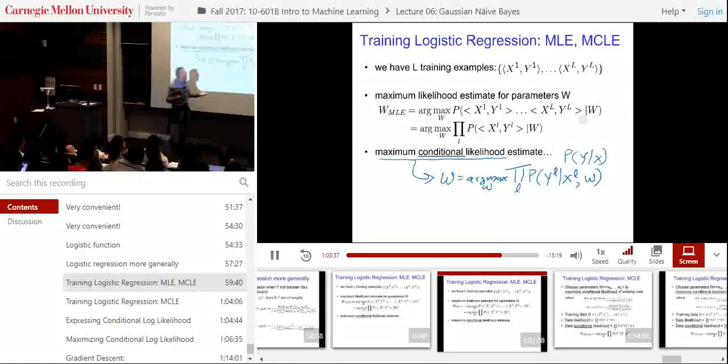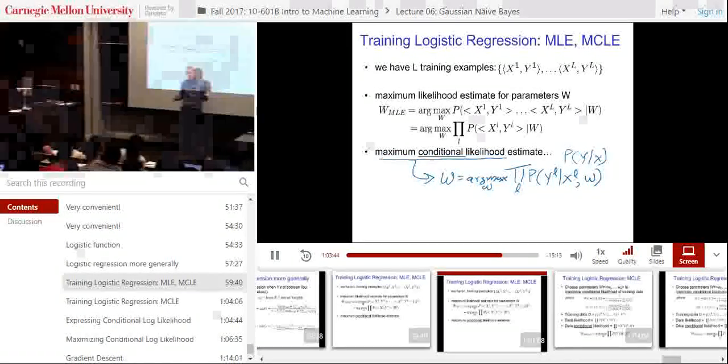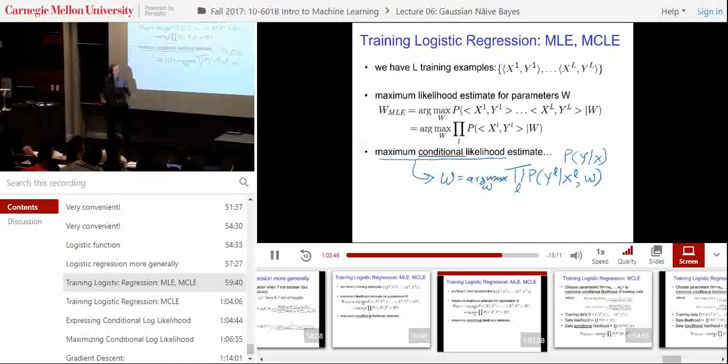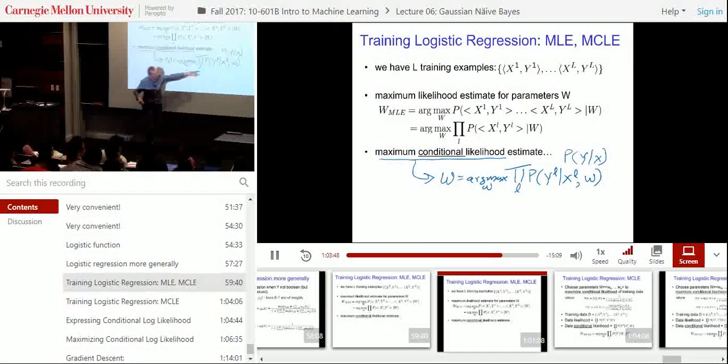What we're really interested in is picking W's that will maximize the probability of the observed y given x. And so this is called the conditional, for obvious reasons, conditioned on the observed x's, conditional likelihood estimate. And this is the quantity that we actually optimize when we train logistic regression to estimate directly from the training data the W's.